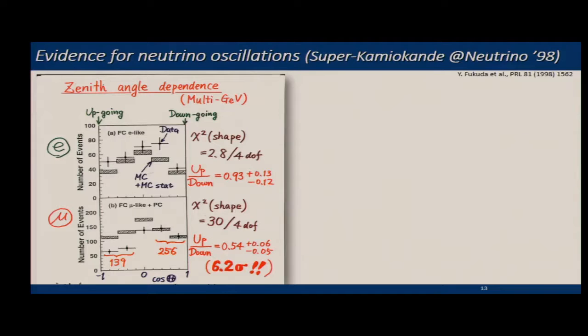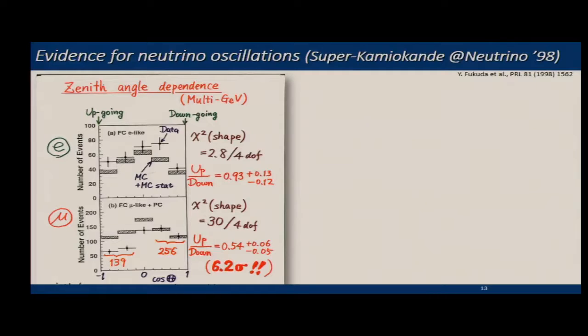And in fact, 2 years after the beginning of the experiment, we were able to show the data from Super Kamiokande at the neutrino conference in 1998. This slide is a copy of the presentation at that conference.